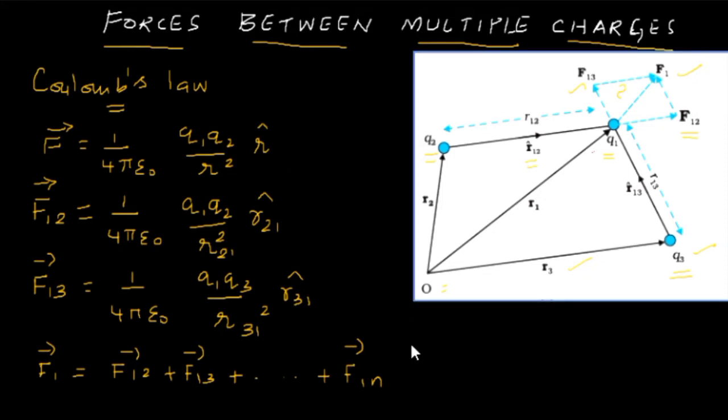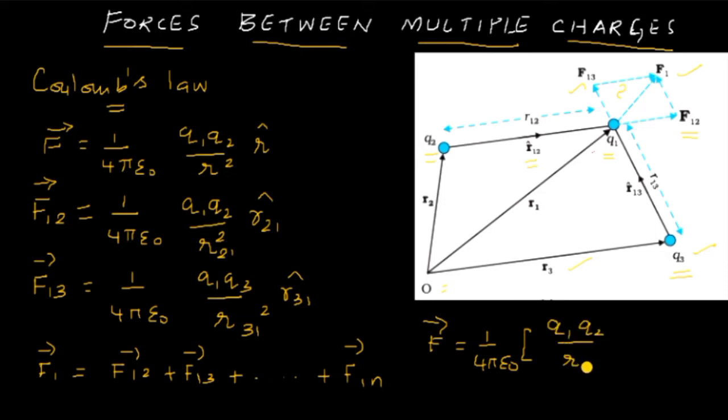So how will you calculate this force? F vector is equal to 1 upon 4 pi epsilon naught, which is a constant, so you can take it out. Then you get Q1 Q2 divided by R21 square R21 cap plus Q1 Q3 divided by R31 square R31 cap, plus and so on for n number of charges.